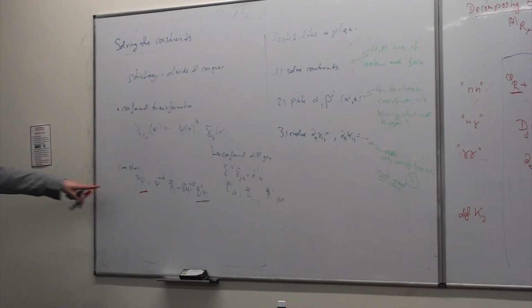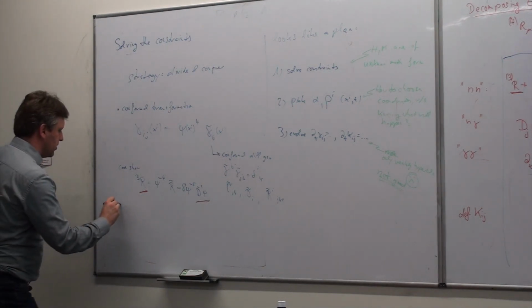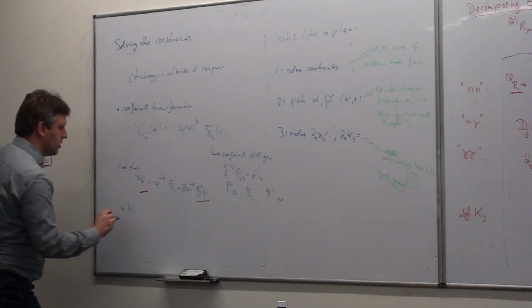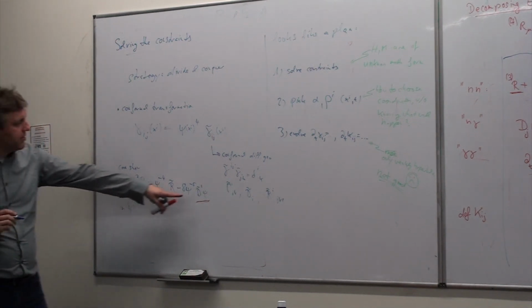So if you plug this one into the Hamiltonian constraint, we have the Laplacian of psi.